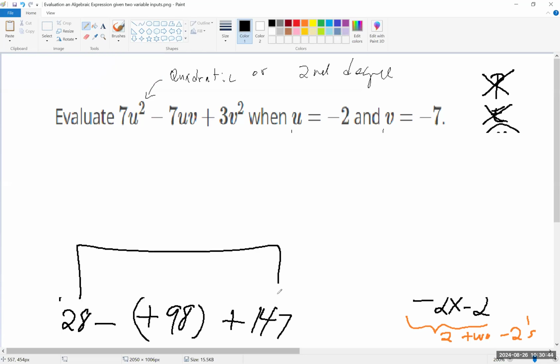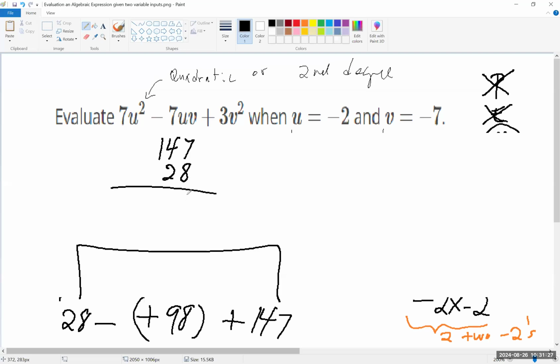I'm going to take 28 and add it to 147. So this is one of those where you have to know the rules so you know where you can bend the guide. PEMDAS is just a guide, but what you're really gonna utilize are the rules of doing operations and the properties of numbers. And by commutative property, I'm allowed to add those.